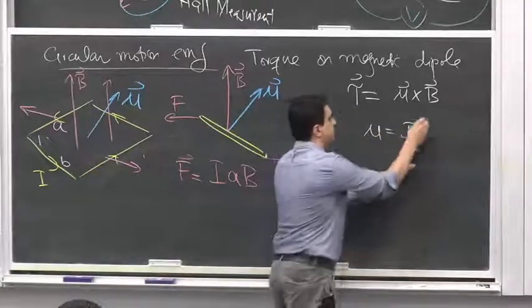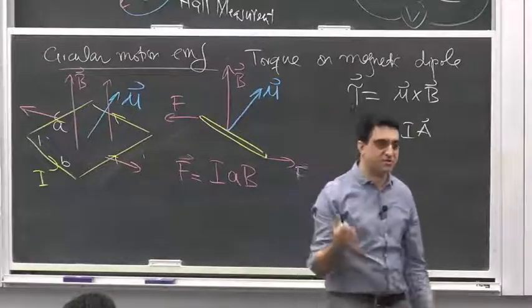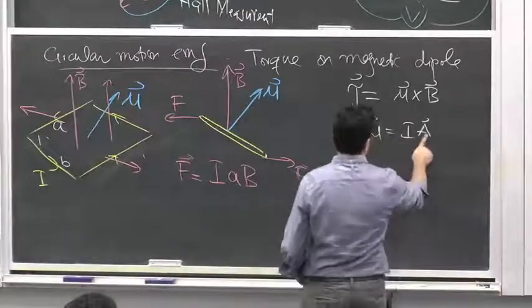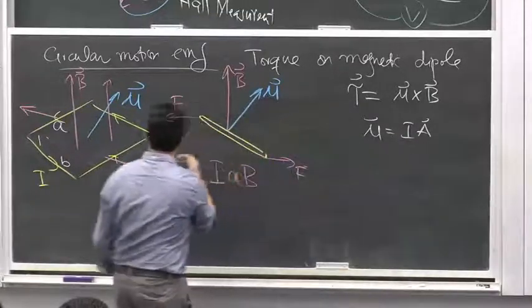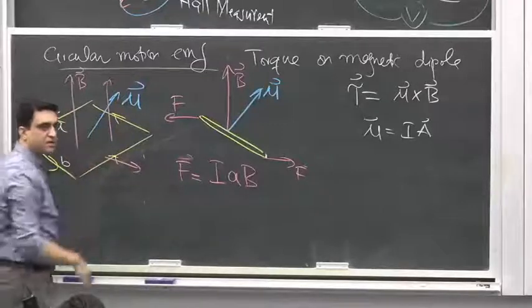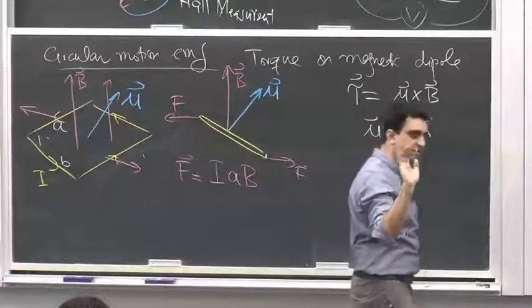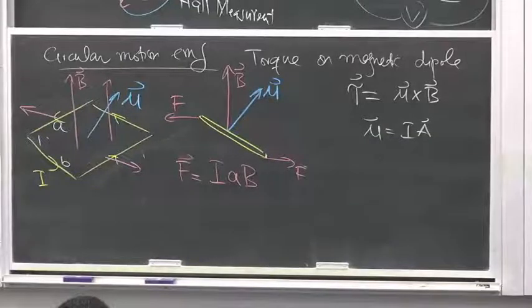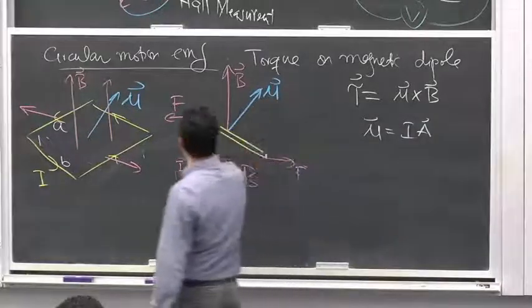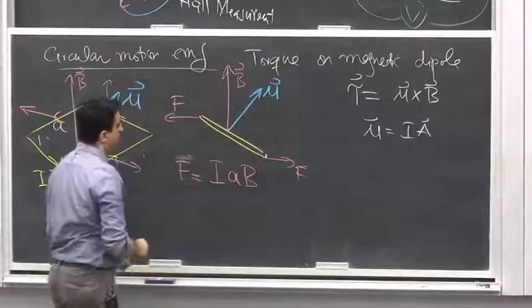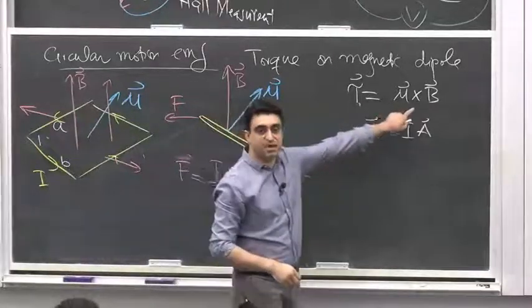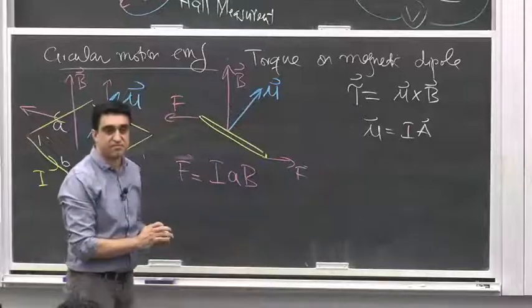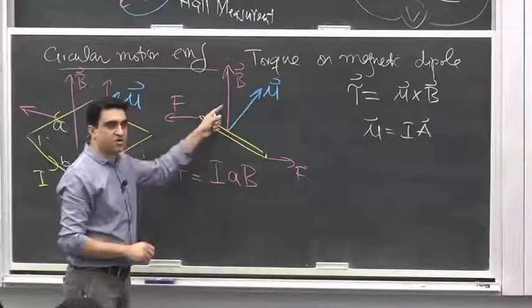The direction of A would be the direction of the current. If you use your right hand rule, then the area would be the thumb direction if the fingers are the direction of the current. So that's how you define that. That's the force magnitude here and the force magnitude here. And that force provides a certain torque, and that torque is given by mu cross B. That's something which we derived last time. So now what will be the direction of the torque in this case?